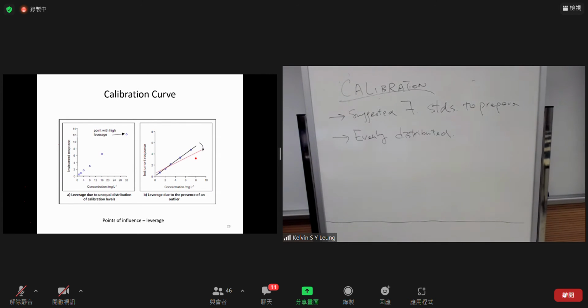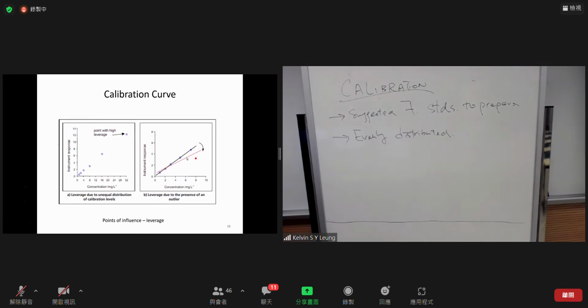So we call it leverage, okay? And we have to consider the leverage because of those outliers, okay? So in these plots, an outlier is a result which will be different from the rest of the test data here, okay?